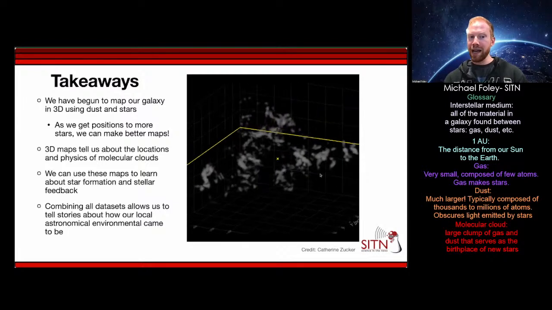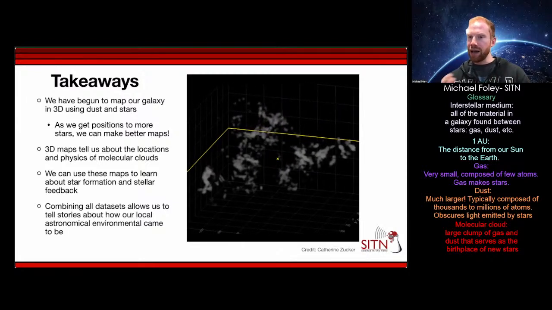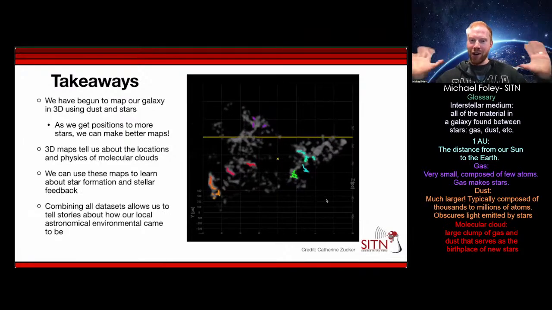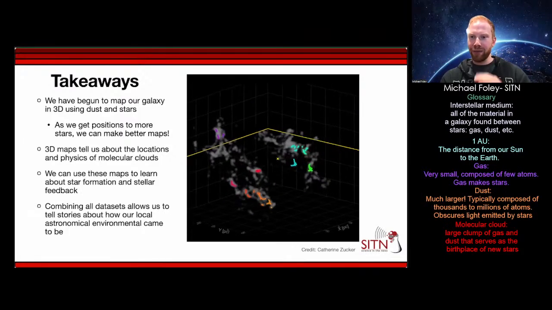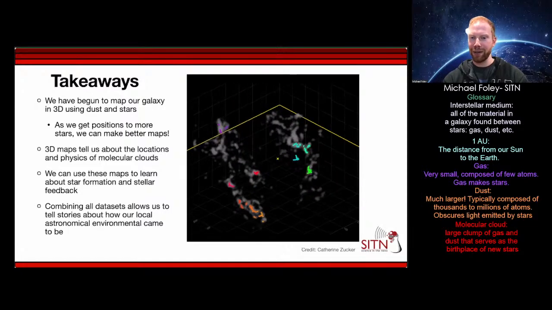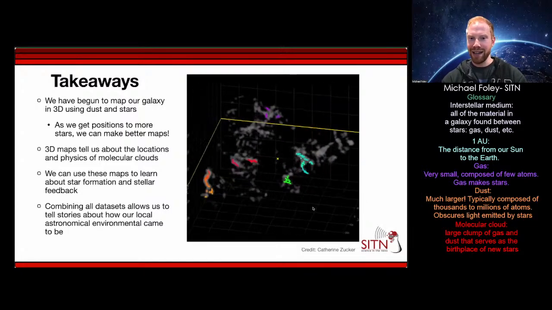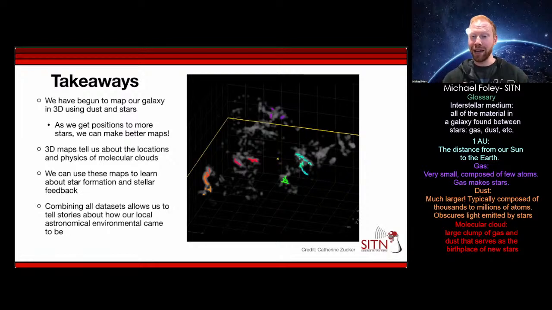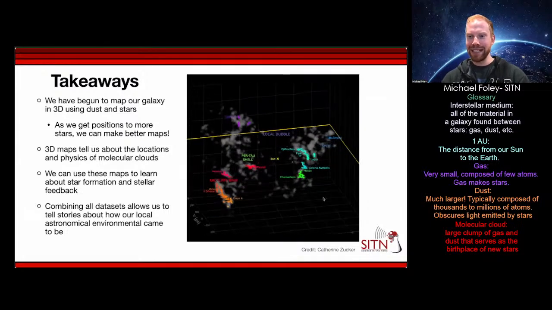We can use these maps to learn about star formation and stellar feedback, especially supernovae. Then if we combine all of them together, we can actually make a 3D atlas for our local solar neighborhood and start to understand why we are where we are and what may have produced our sun in the long run. So with that, thank you very much for coming to the talk and for your attention, and I'm happy to take any questions.